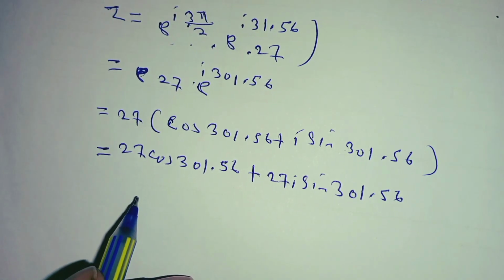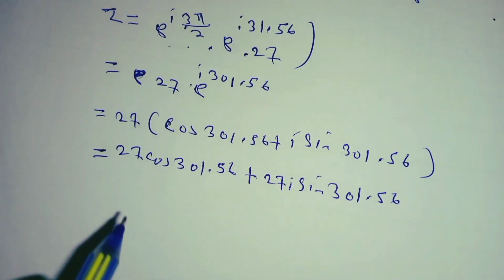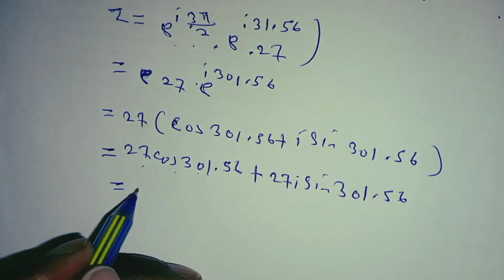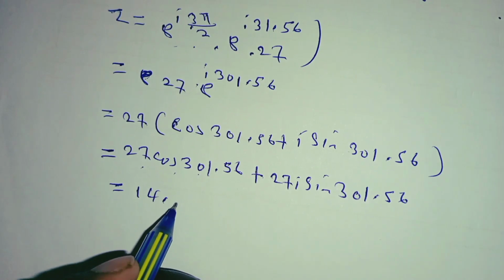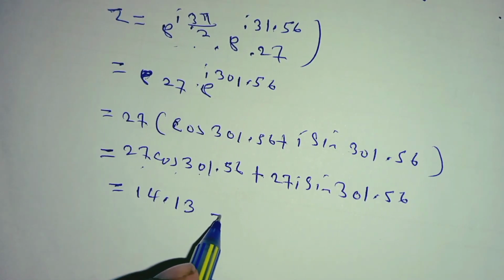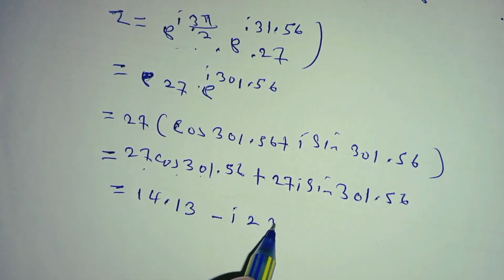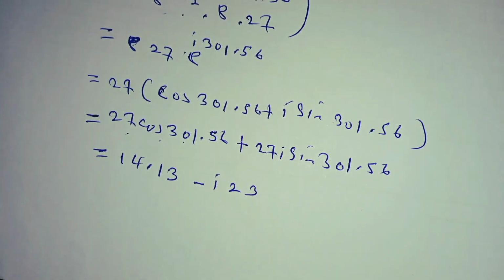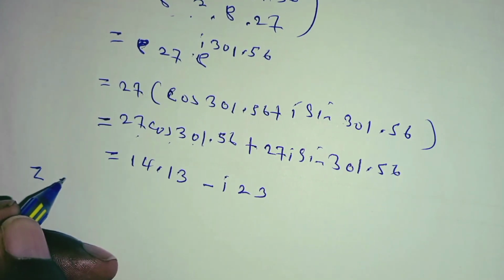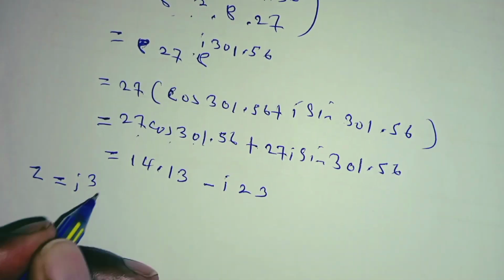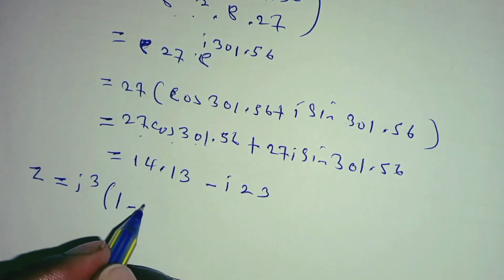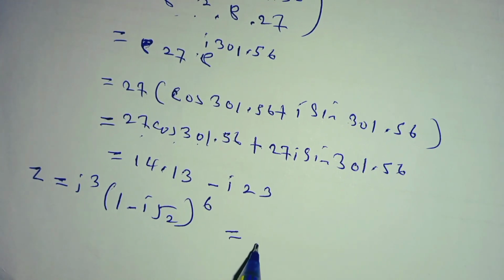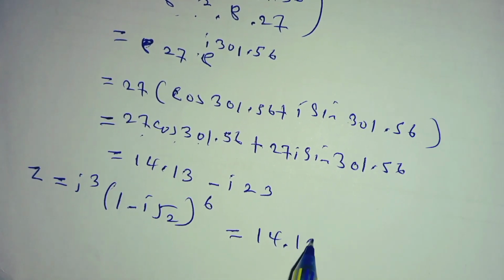The result of this can be obtained from the calculator, and you are going to realize that here 27 times cos of 301.56 will give you 14.13 minus i23. So that is our equation in standard form, which you are given is z is equal to i cubed into bracket 1 minus i root 2 power 6, which we have seen it can be written as 14.13 minus i23 in standard form.